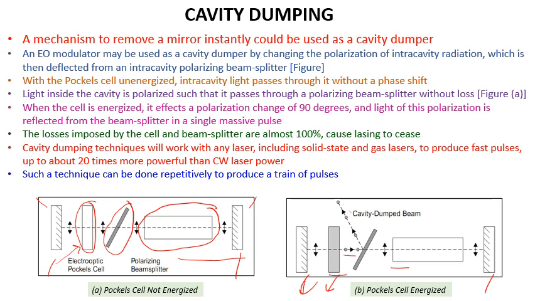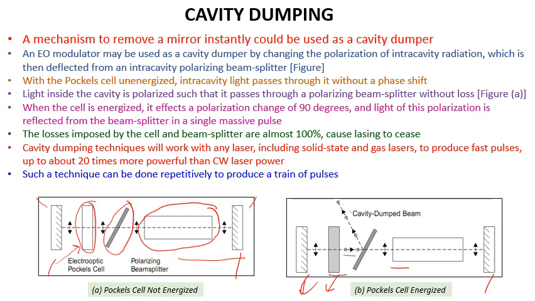But that is purely mechanical, and you cannot control it the way you can with electro-optic devices, and this is not an efficient way. So the concept started from removing the mirror, whether mechanically or otherwise, but practically they did it using the electro-optic way. In this way you can control the pulses, the time duration, and different things.